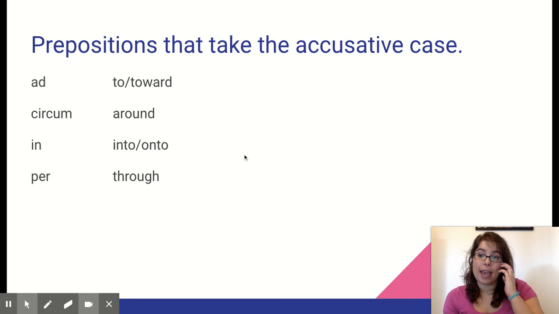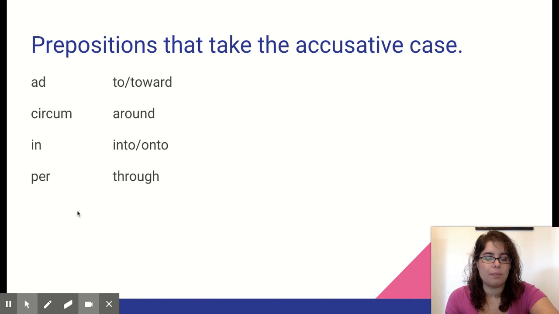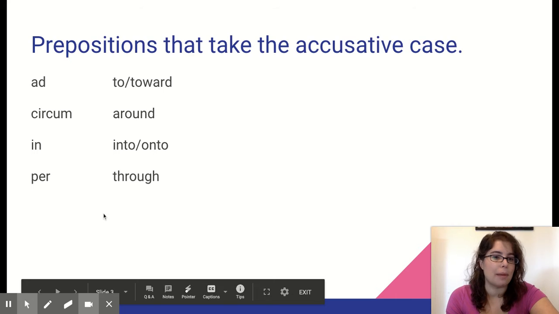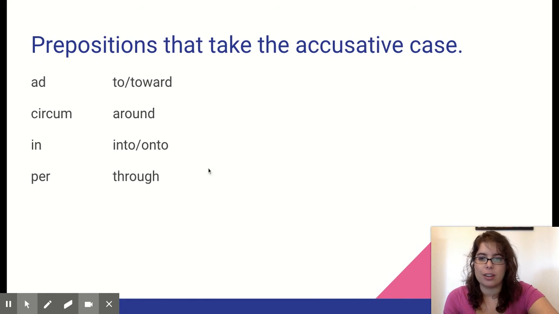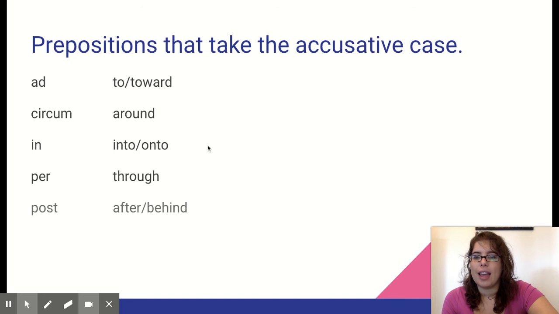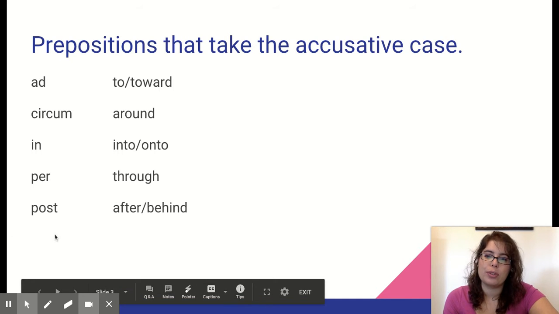All right, per. Per is our preposition that means through. So we've seen this when we've seen people walking per viam, right, through the street. So I think this has popped up a few times in our stories. And then we have post. Post means after or behind.